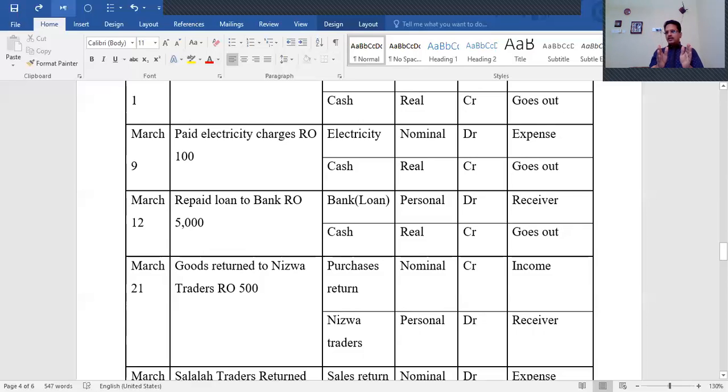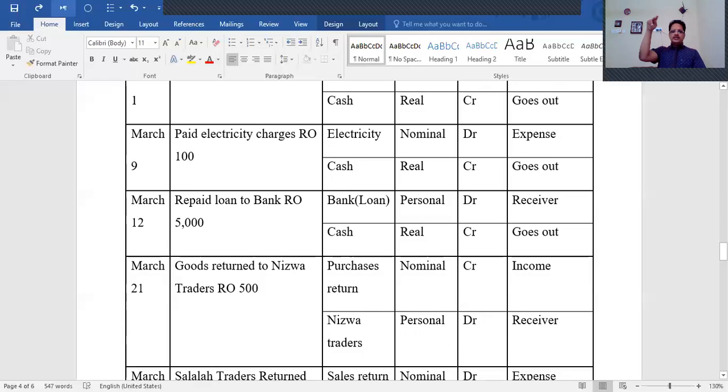But I want to prove that journal is nothing if you understand debit and credit. So first you write date. That means, for example, 12th March 2020. After that you write debit bank account. There you write loan, or that doesn't matter, because once you got the debit, it is over. Until you get the debit aspect, you have to understand it is a bank loan. It is a loan account.